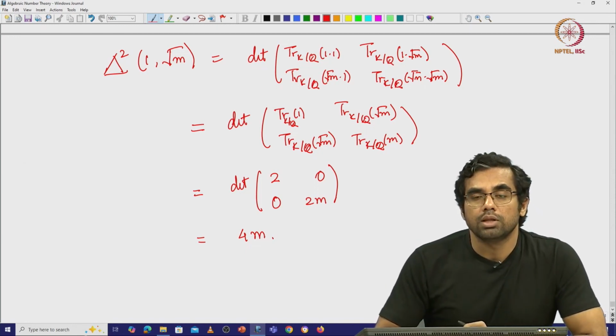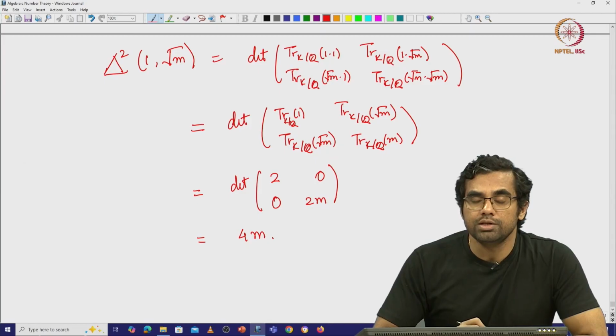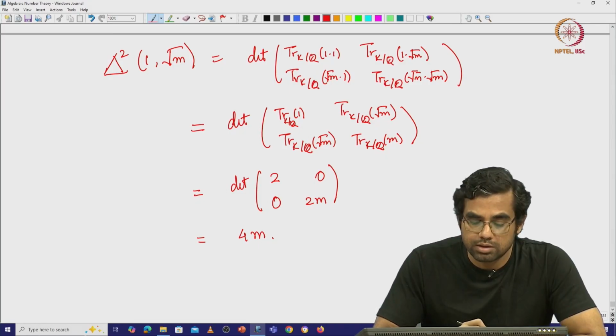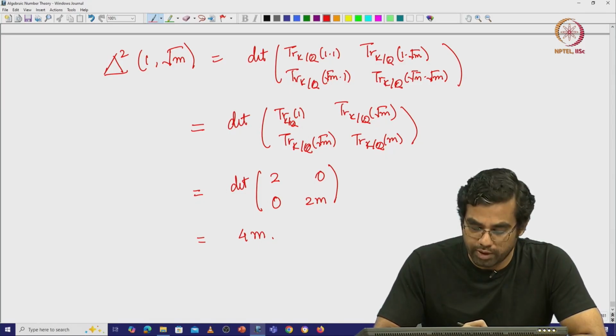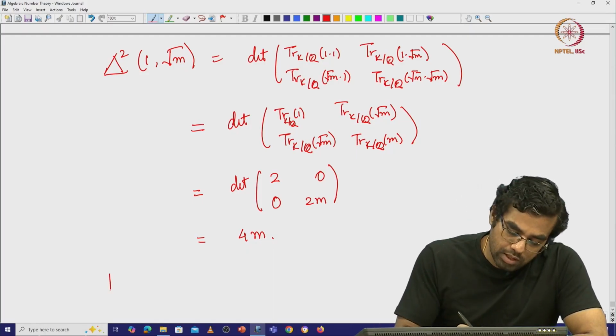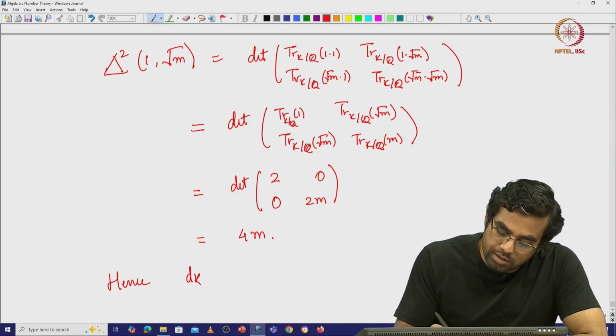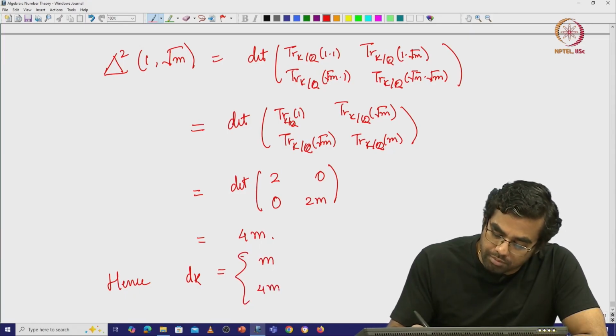Okay. Now, m is square free. So, the only square that divides this delta squared of 1, square root of m is 2 squared. Okay. So, hence dK, the discriminant, is either m or 4m, right.